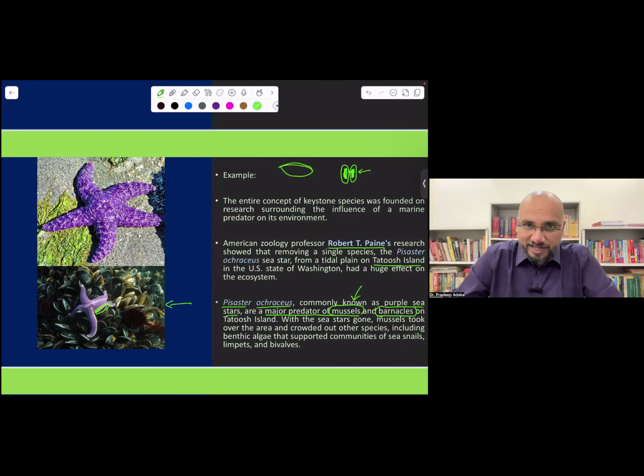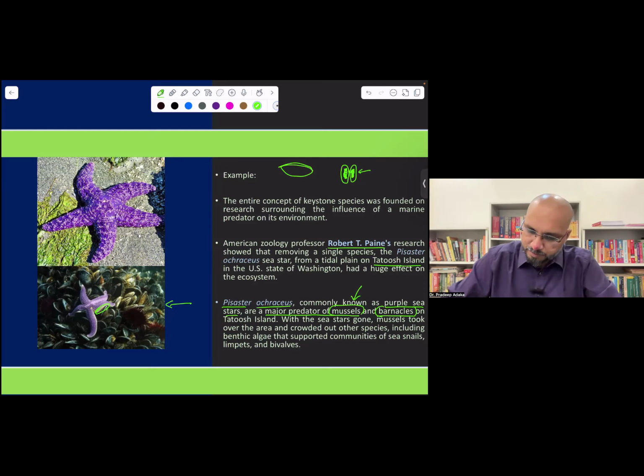So the ship's weight will increase, so it will burn more fuel while transporting. So every time the ship has covered a certain journey, they will bring the ship onto the dockyard and they will clean all the barnacles. Okay, so barnacles are a nuisance basically.